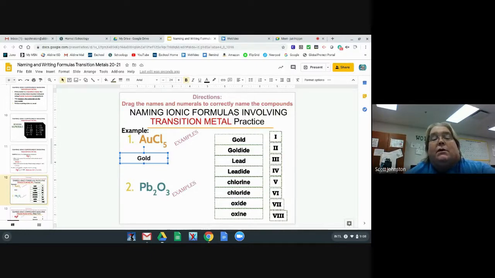Cl is chlorine, but because it's in a compound, we're going to call it chloride. It's not quite the same because of it being in a compound. And let's get it up here where it belongs.